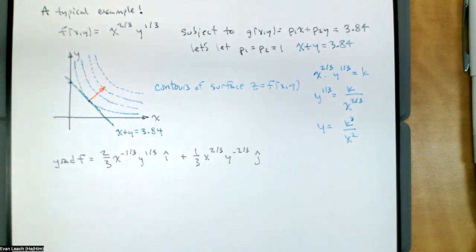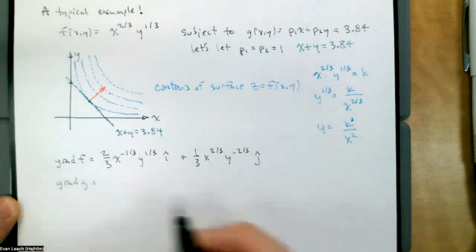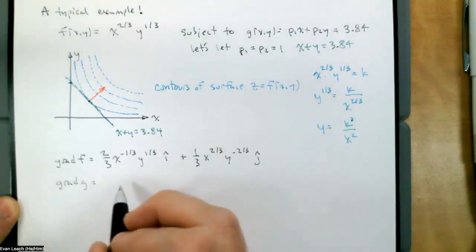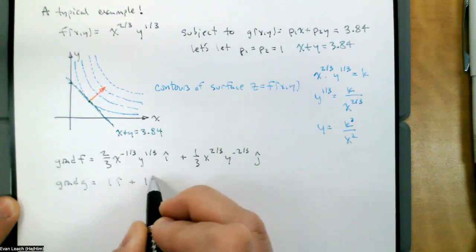Our gradient of g, since we've chosen P1 and P2 to be 1, is just going to be 1 i plus 1 j.